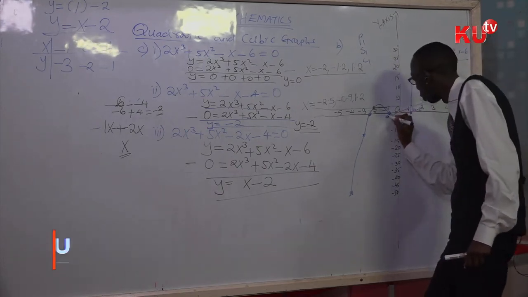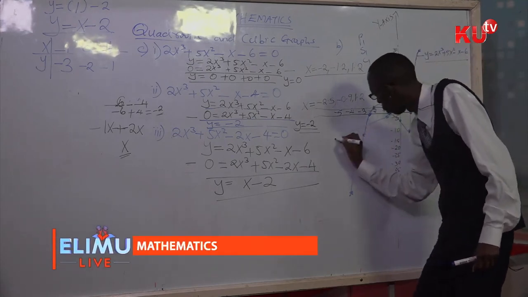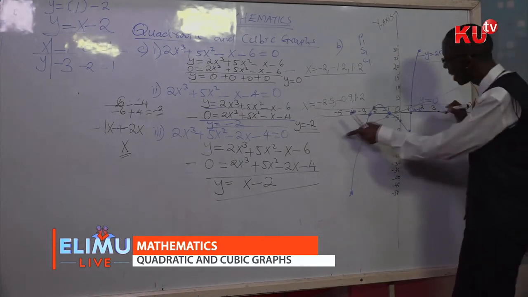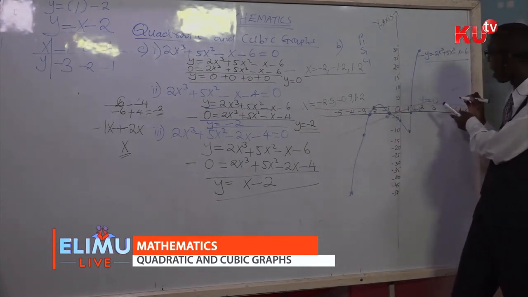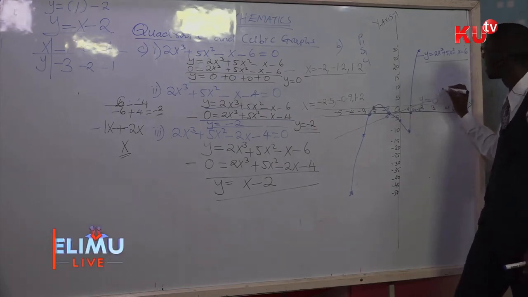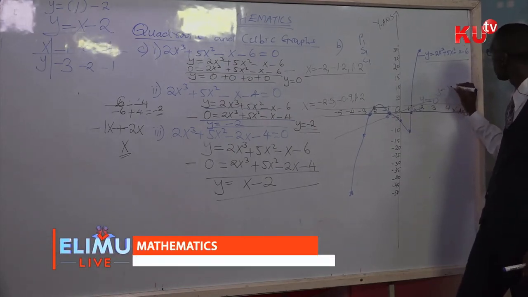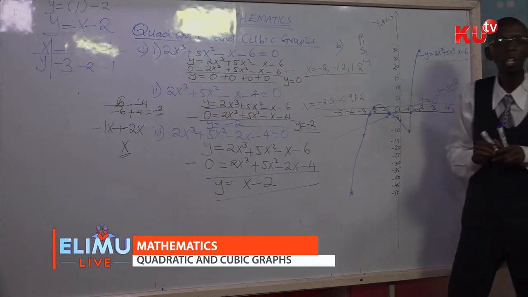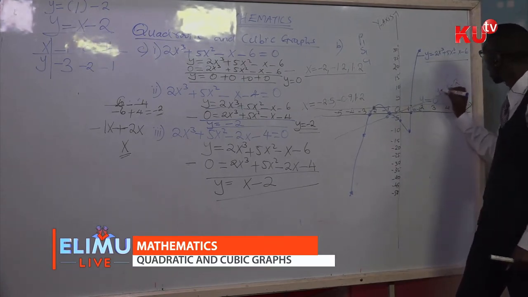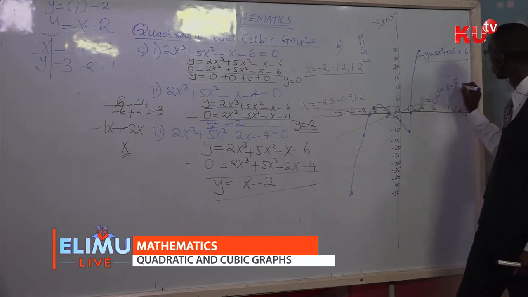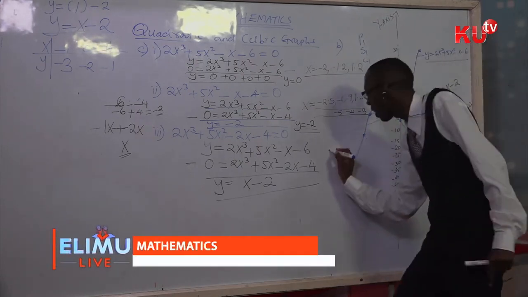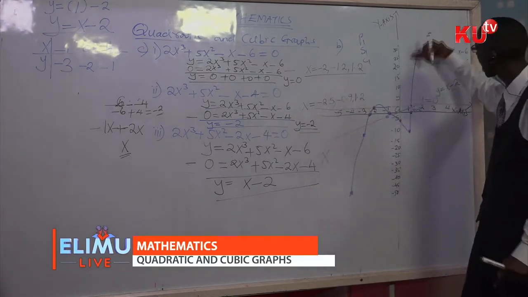So use your ruler. Don't draw like me. My hands are not accurate. So make sure that you use your ruler back at home and in school where you are watching from. This line that you have drawn, make sure you label the line as y is equal to x minus 2.